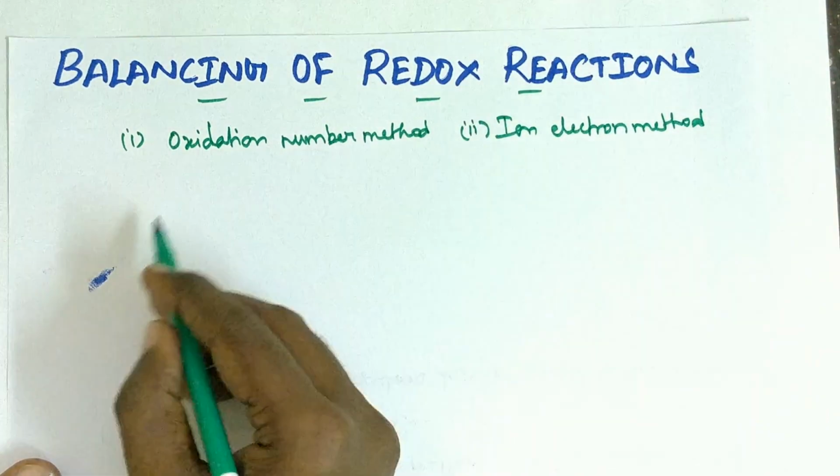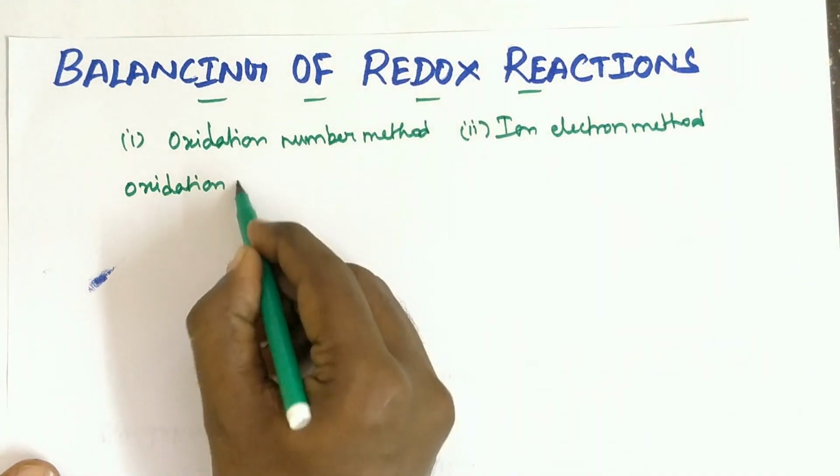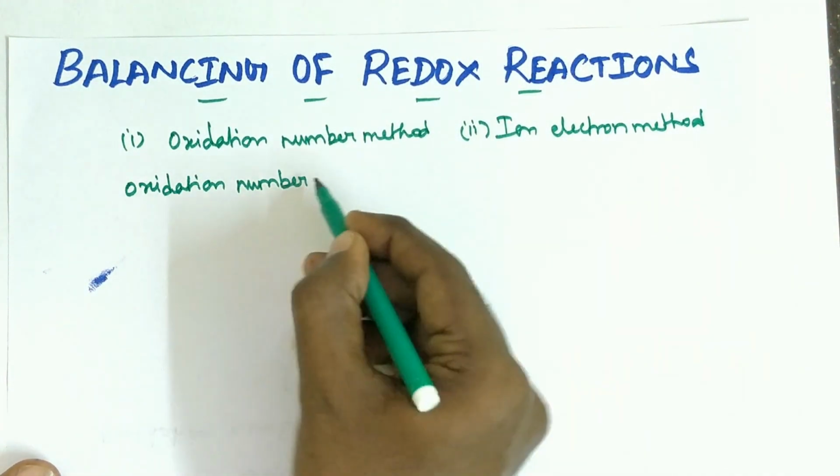So now we are going to see the first method, the oxidation number method.